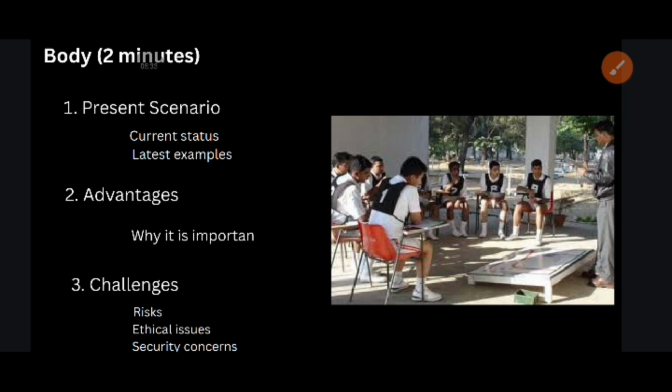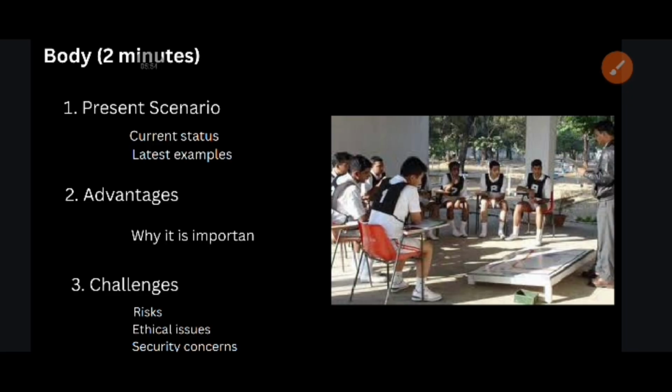Second, after giving the present scenario, current status and examples, you have to move toward the advantages. This must be included because every topic has its advantages and its challenges or disadvantages.